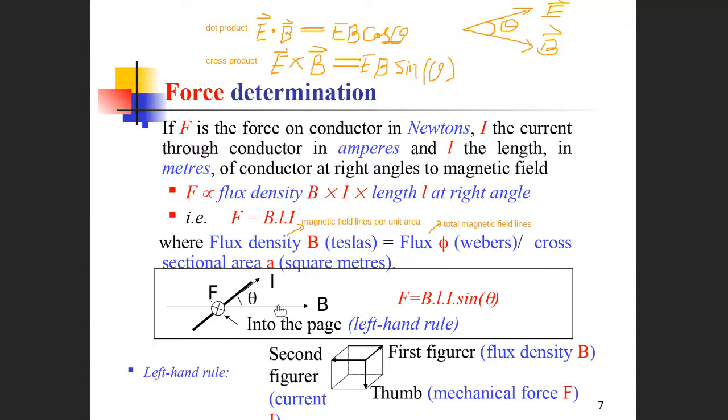Suppose you have a magnetic field of strength B in this direction, and a current or conductor in this direction. Between them there is an angle theta. Then the force is into the page, using the left hand.